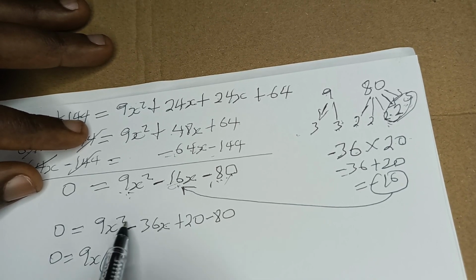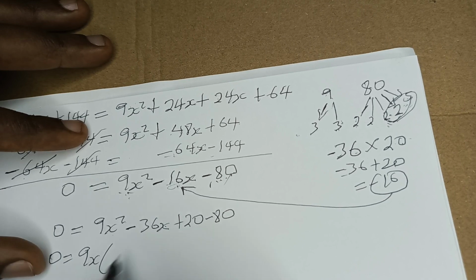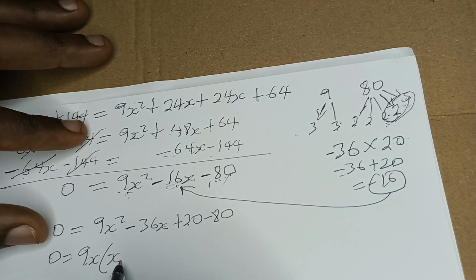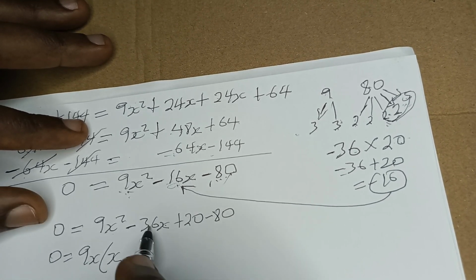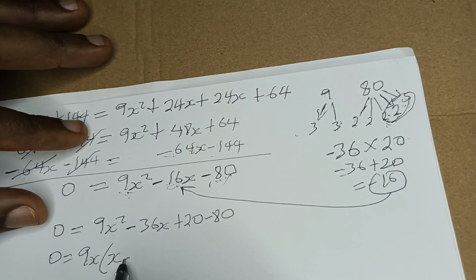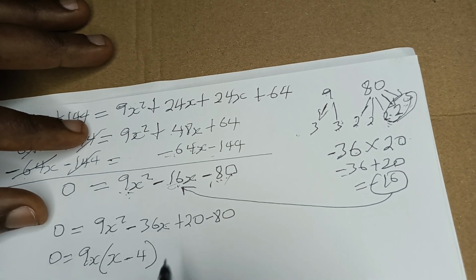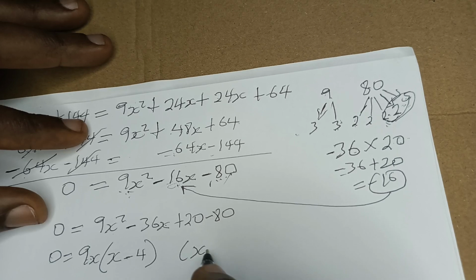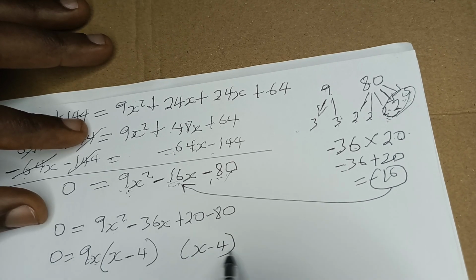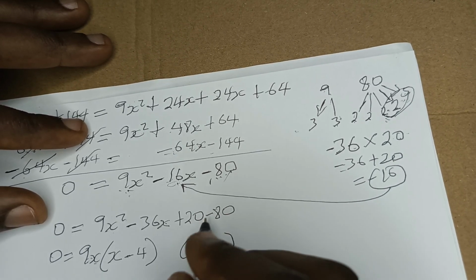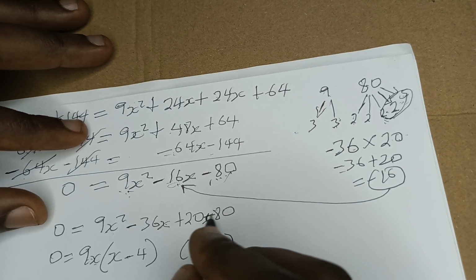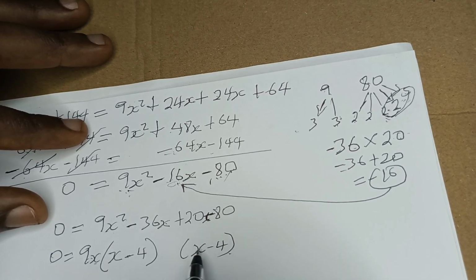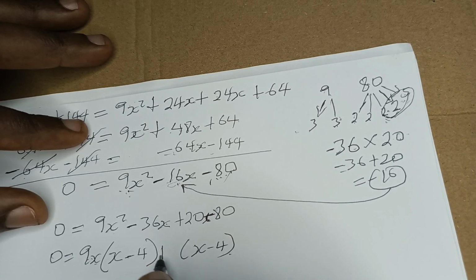Now, 9x squared divided by 9x, it remains x. Now this one, when we divide it by this, it remains 4. The same thing must be here. Once you get this right, the same thing must be here. Sorry, there's x here. So what's the difference between this and this now? That's 20.